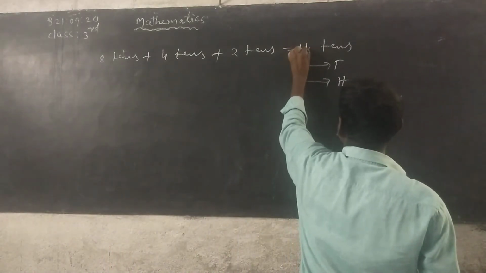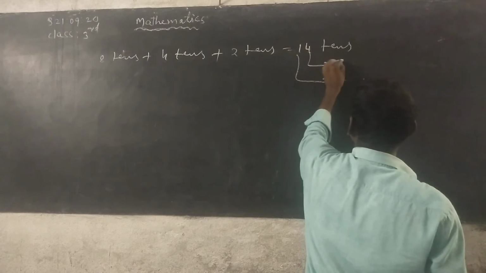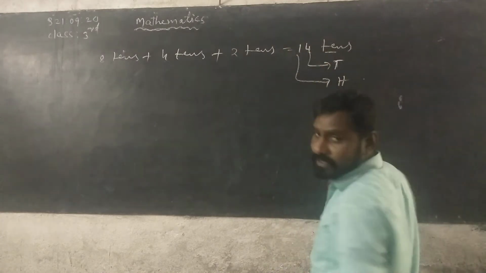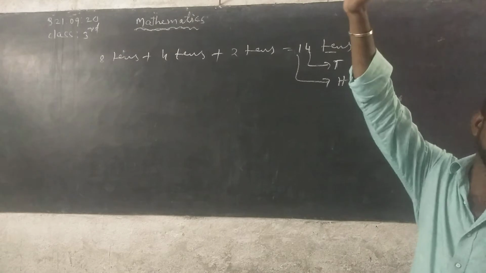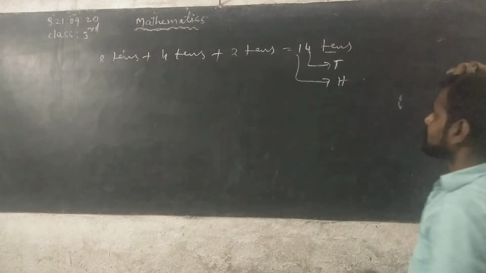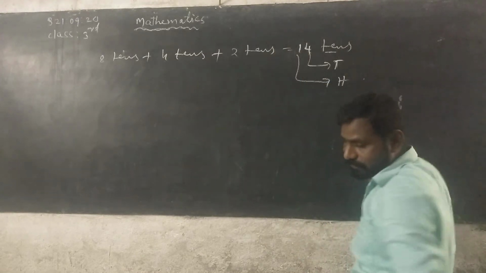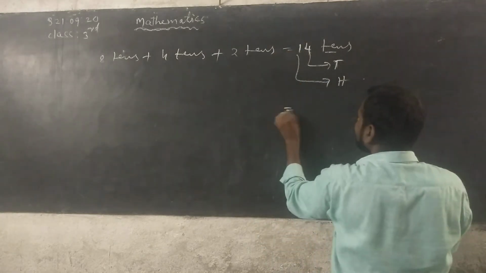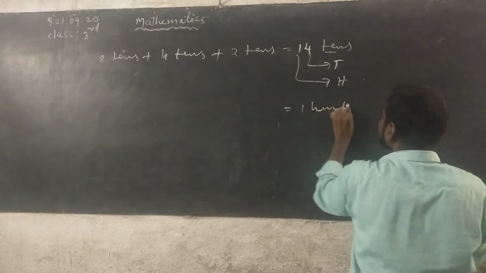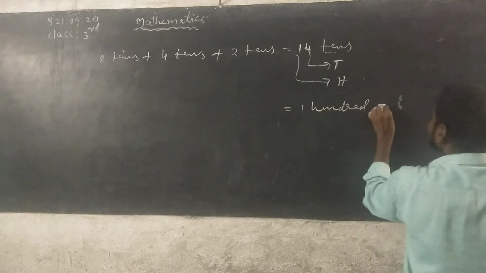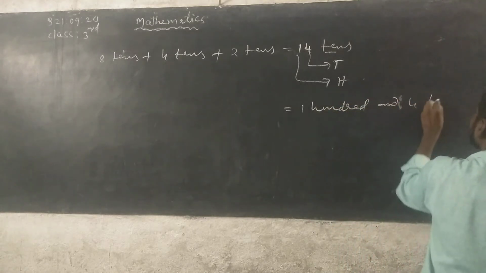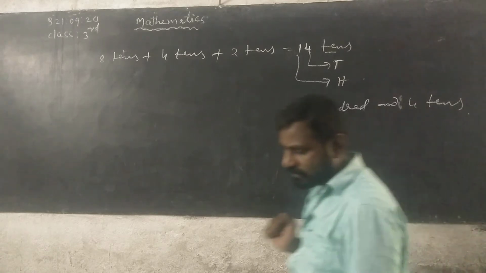See, 14 tens means 4 is in tens place, since tens is there, automatically the 4 is in tens place. So then 1 is in hundreds place. So you can write here 100 and 4 tens.